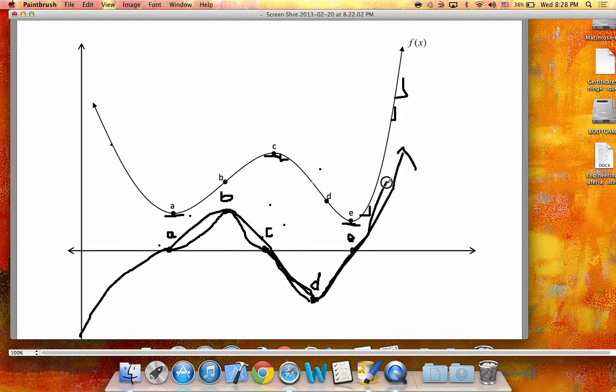Again, you'd be able to sketch it a lot better on paper than I could do using this program, but that would be our f prime of x, because it shows what's happening to the gradient at any given point across the function. What we'd be able to do from that is draw the second derivative, which I'll let you have a think about, where we'd evaluate what's happening to the gradient at each position across the f of x function.